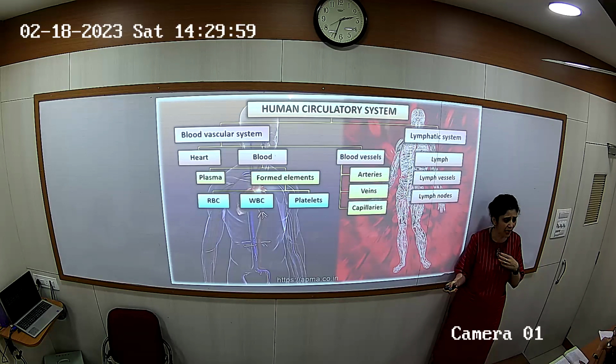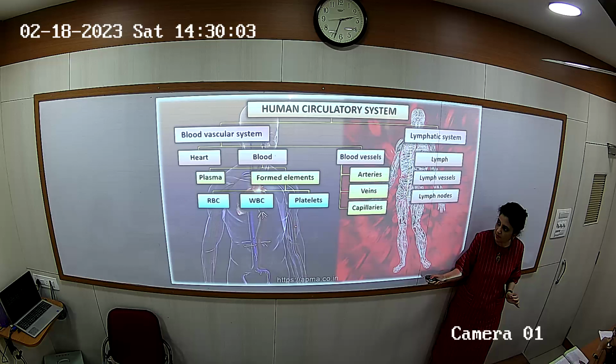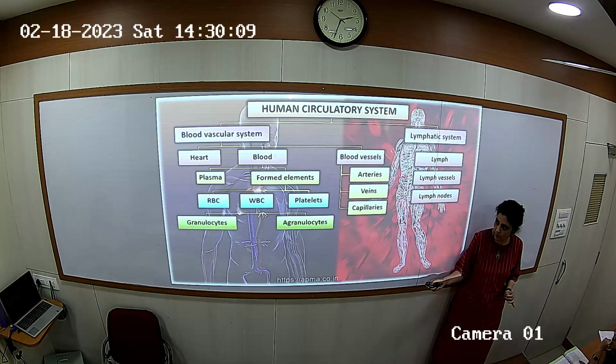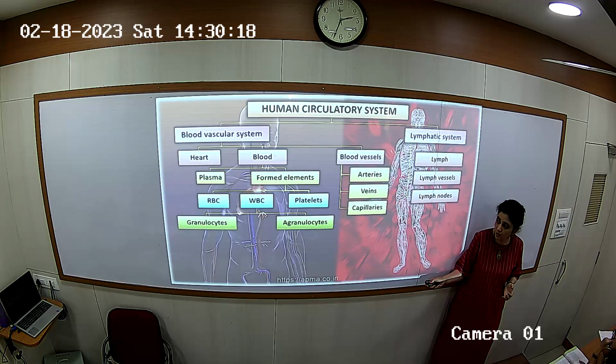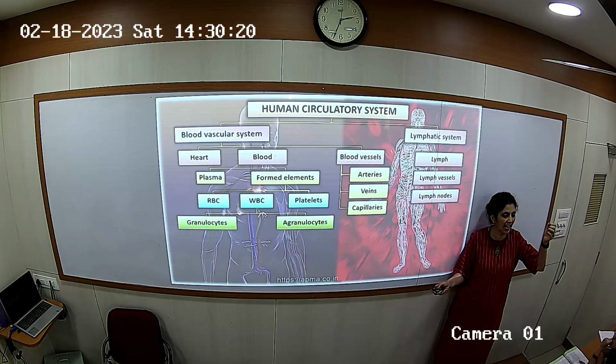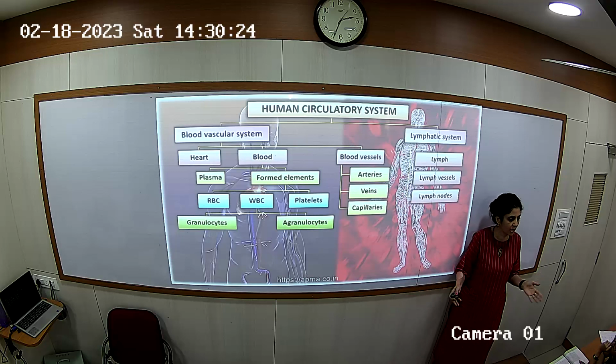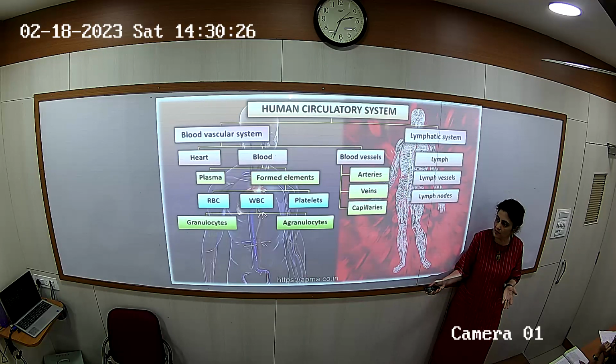When I do only MCQ practice, I will show you how strict you need to be. So RBC, WBC, and platelets. WBCs are granulocytes and agranulocytes. This is beyond the scope of the book. But there are small cytoplasmic granules in some of the WBCs, which stain differently, either acidophils or neutrophils. So these are granulocytes because of the presence of granules in the cytoplasm. And those WBCs which do not have granules are called agranulocytes.